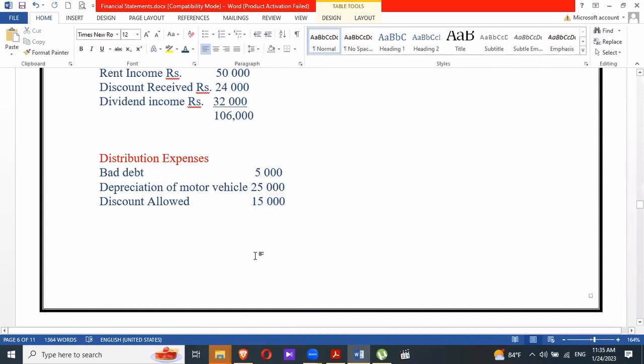Distribution expenses means there are three distribution expenses: bad debt, depreciation of motor vehicle, discount allowed. Right? There are three. So the summation you can take, that is 45,000. Total of distribution expense is 45,000. 25 plus 5, 30. 30 plus 15, 45. Right?